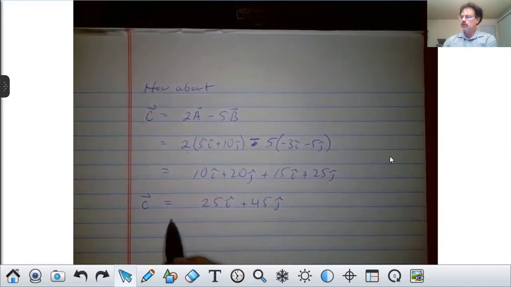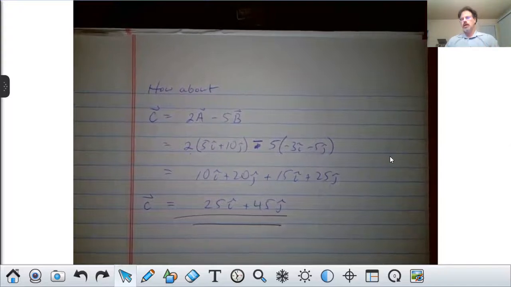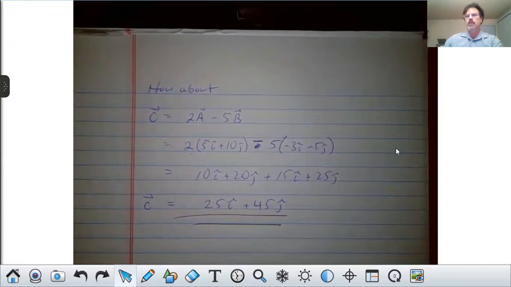So this is my new vector, and I could draw out the components if I want. So that's a real quick crash course in adding vectors using the component method. You'll probably come across a lot of cases where you have to do all of this.